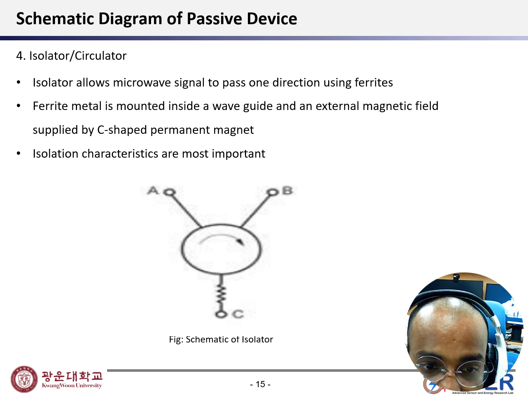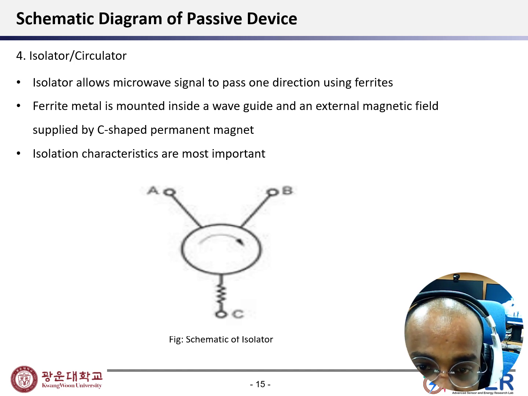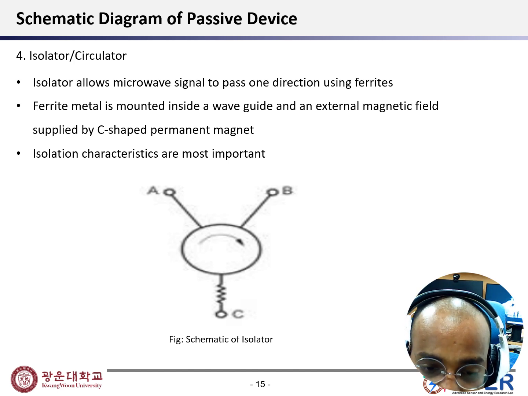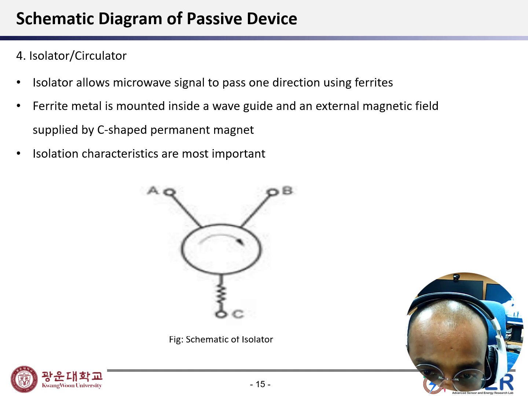An isolator allows microwave signals to pass in one direction. It uses ferrite, a type of iron, to make the microwave flow in one direction. The ferrite metal is mounted inside a waveguide, and an external magnetic field is supplied by a C-shaped permanent magnet.